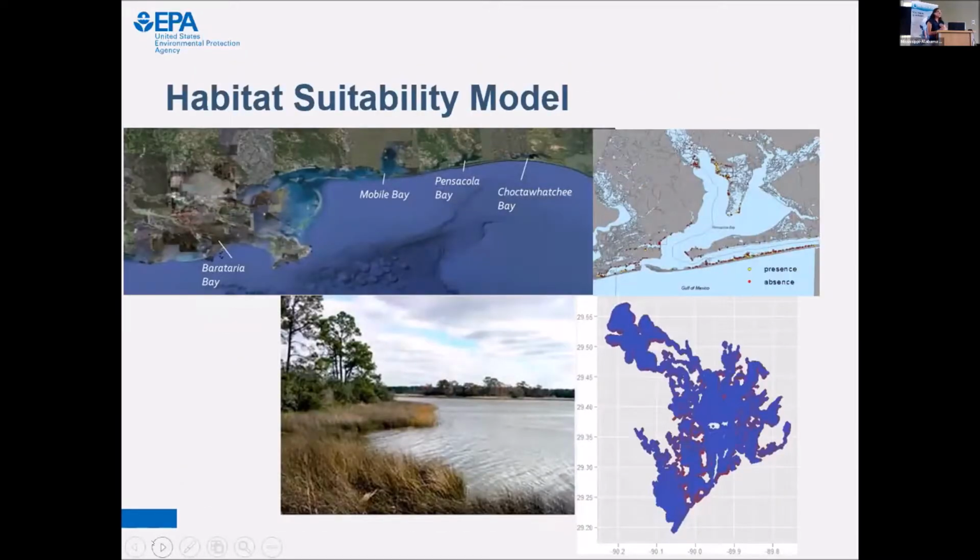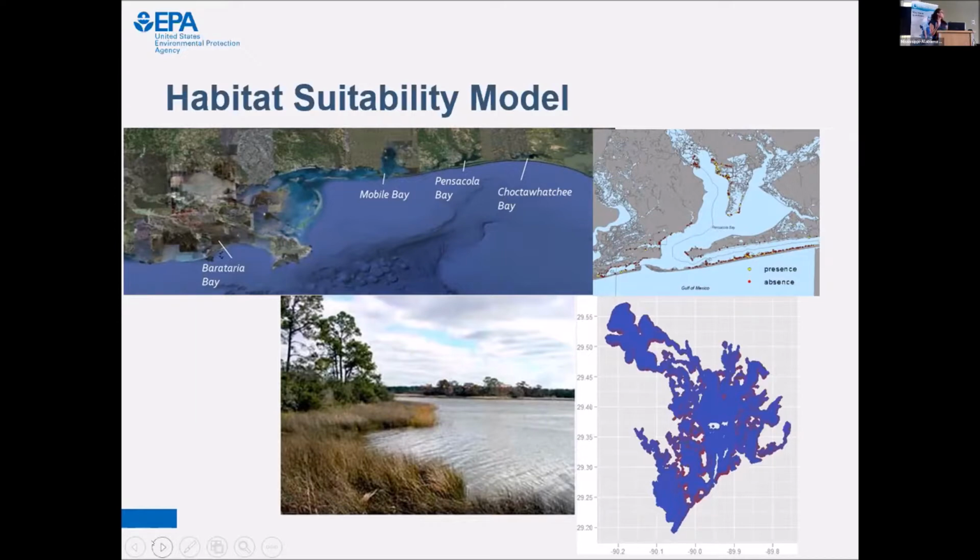Our first layer is our habitat suitability model. These models were developed using field studies in Pensacola and Choctawhatchee Bays, where we would sample in a variety of different locations and establish the likelihood of sheepshead minnow being present. We collected environmental variable and water quality parameters, and then fit a distribution to those data.